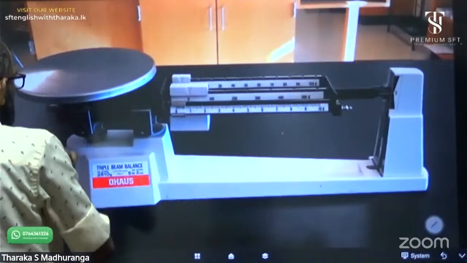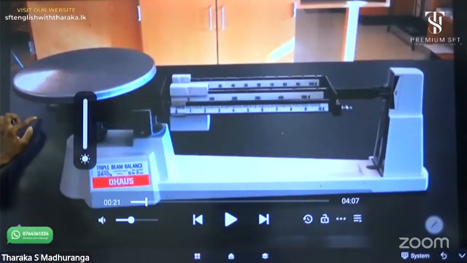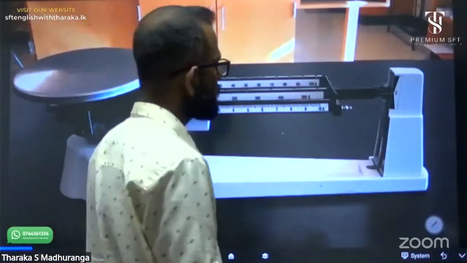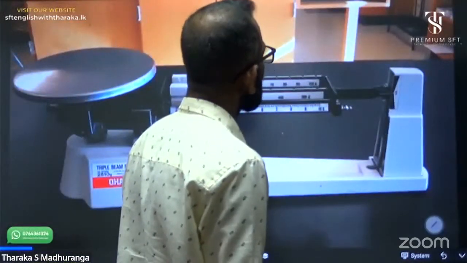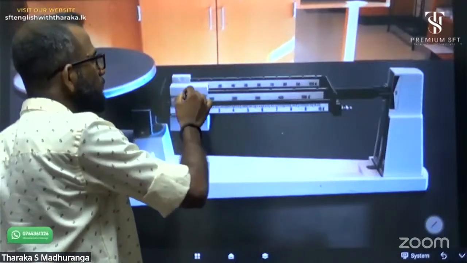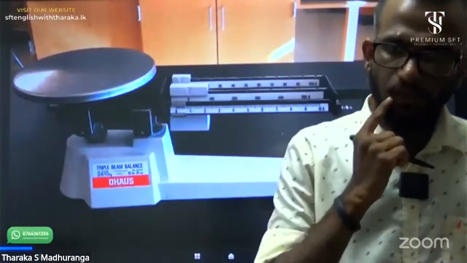And what is this screw? Tare adjustment, or adjustable knob. Yes, good. They are the main parts, and those are the riders.